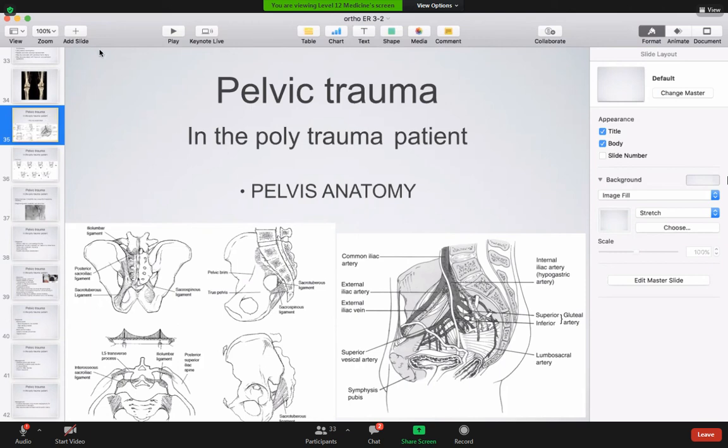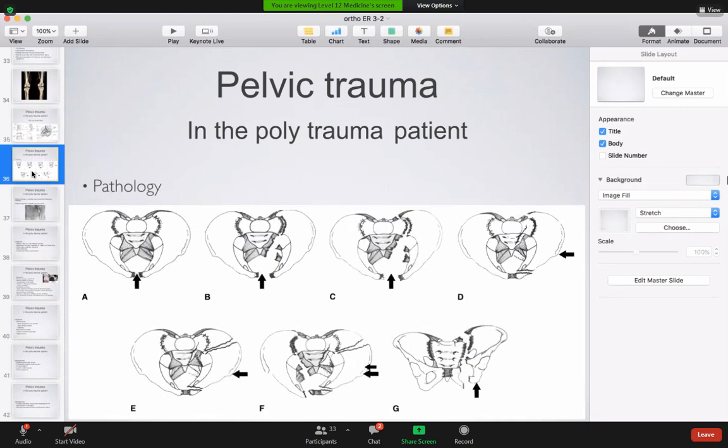It's also very important to understand the vascular tree within the pelvis, because when you have a pelvic injury, you have a high risk of bleeding from these vessels or from the bone itself. And it's also important to understand the direction of instability. So you can have instability in rotation or instability in a vertical direction.